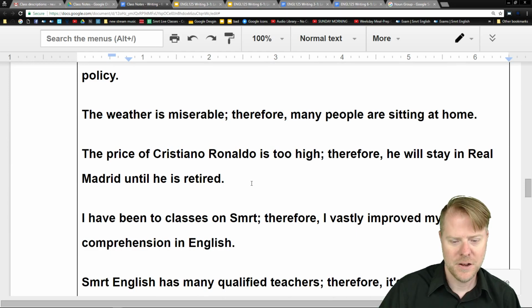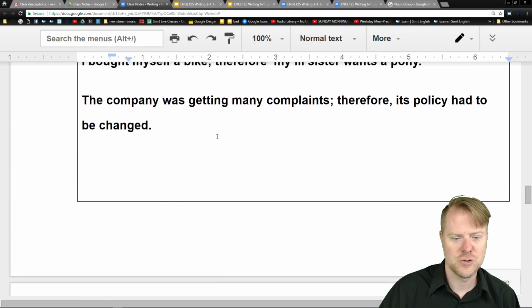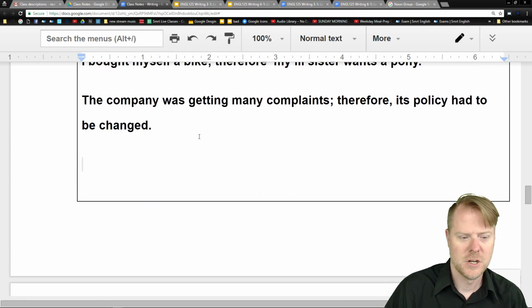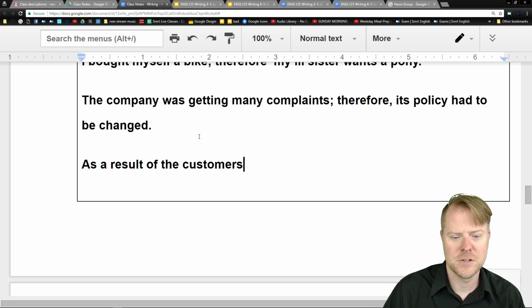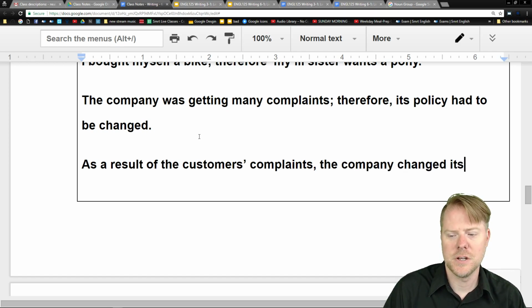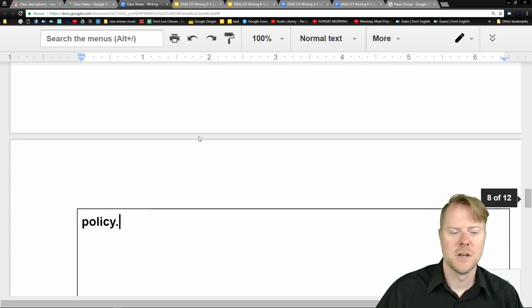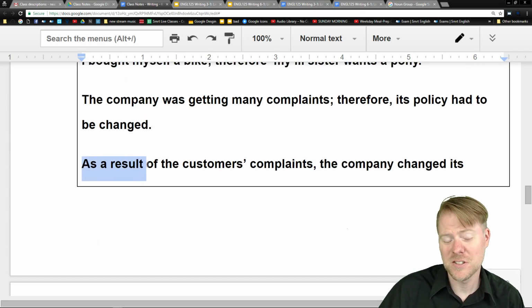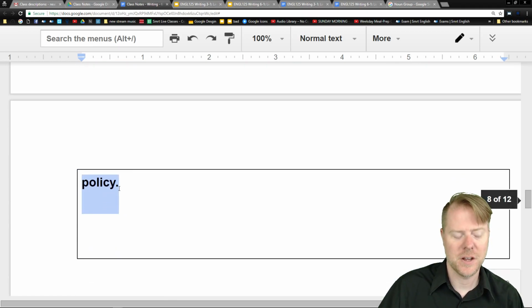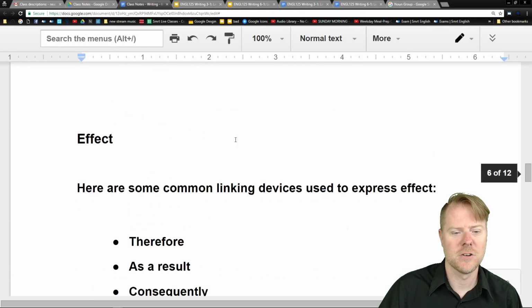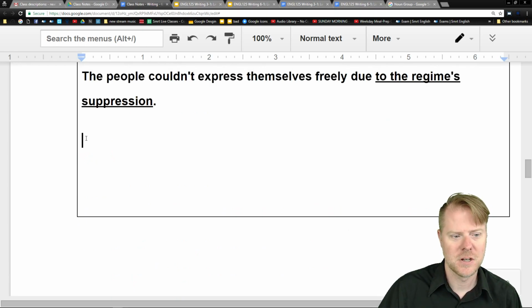So if we go down here, as a result of the customer's complaints, the company changed its policy. So if we begin with as a result, we're going to need this one, as a result of, and it's not showing effect. Once again, it goes back to this and shows cause.